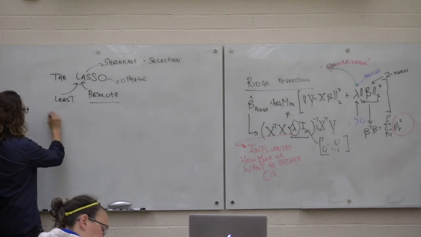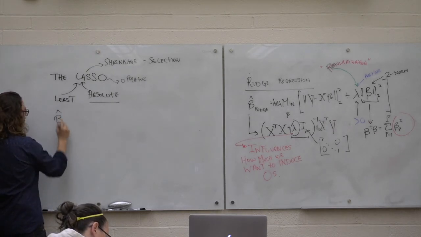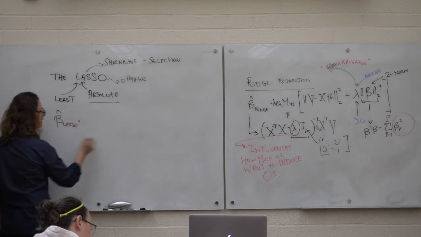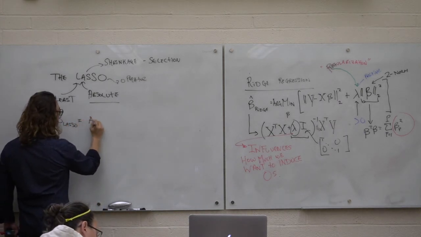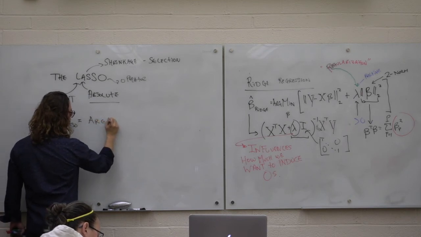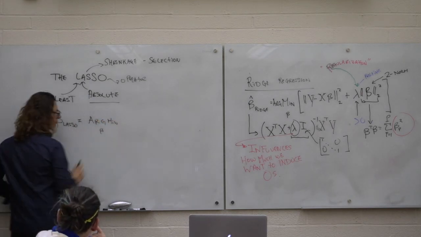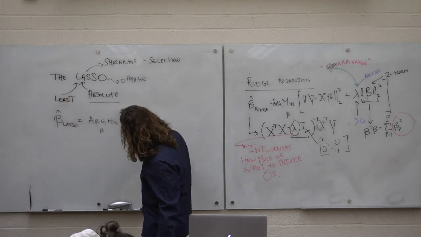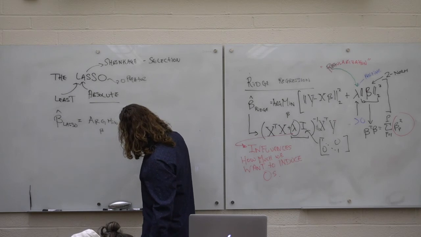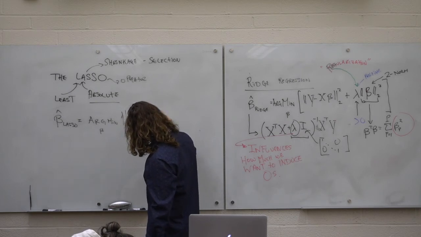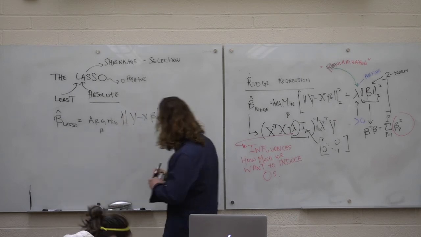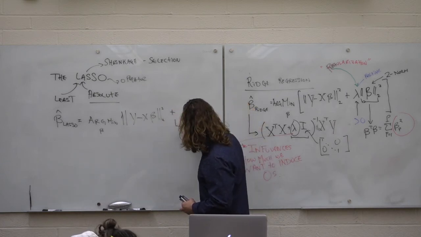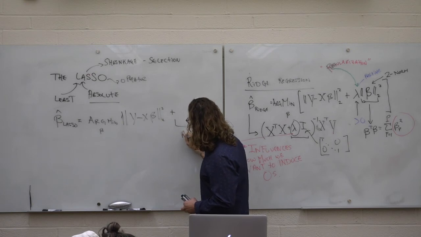So let me just write it down. Beta hat lasso is equal to the arg minimizer of the norm of y minus x beta, plus a penalty, which I usually call a regularizer.